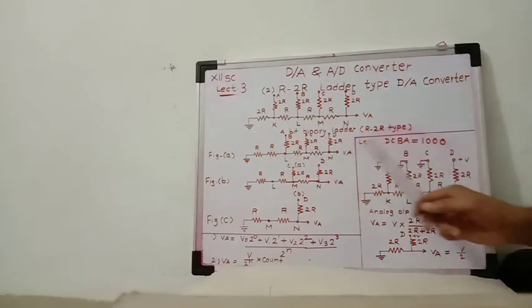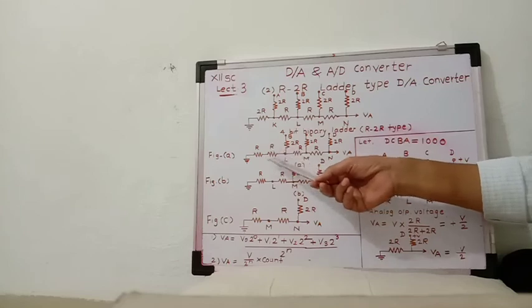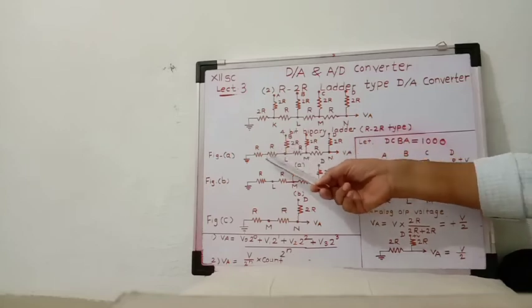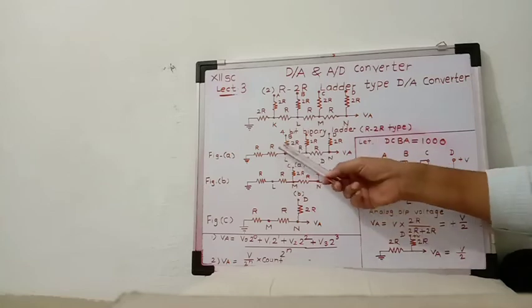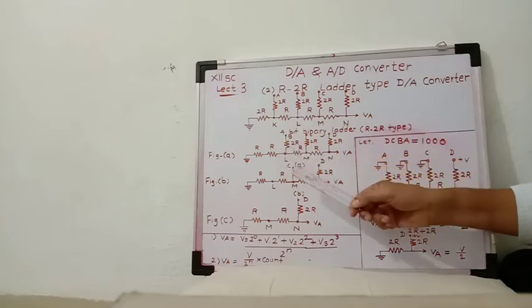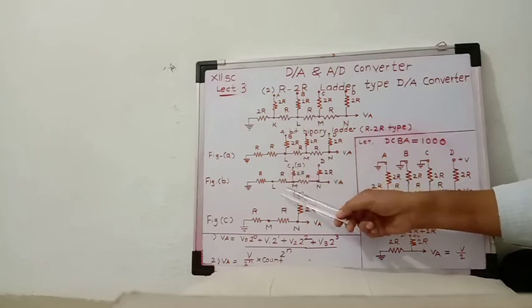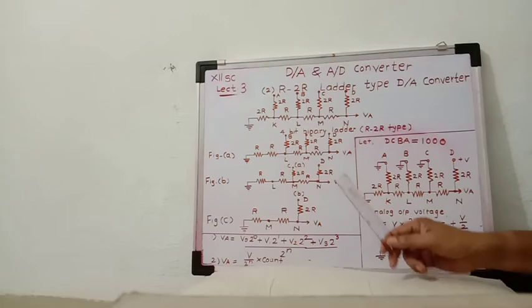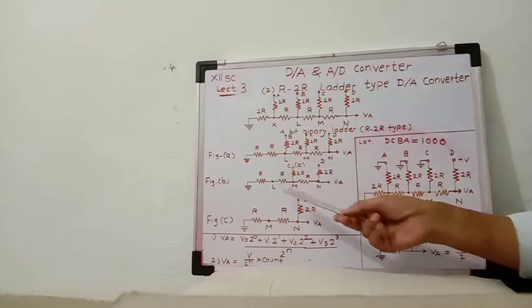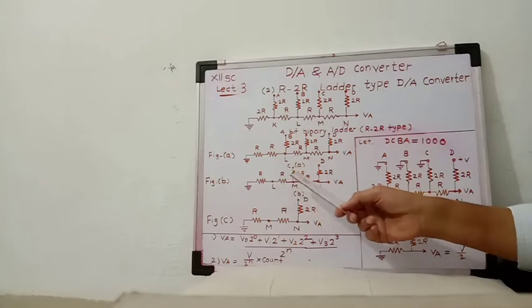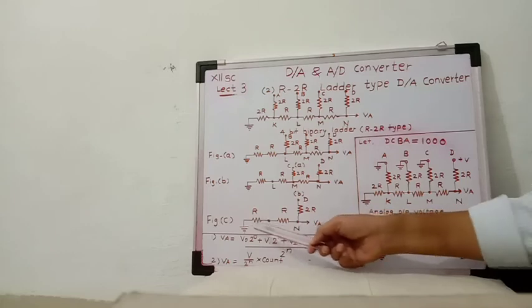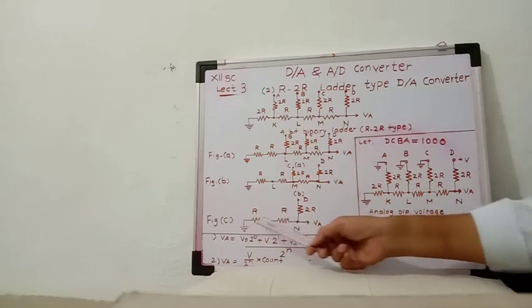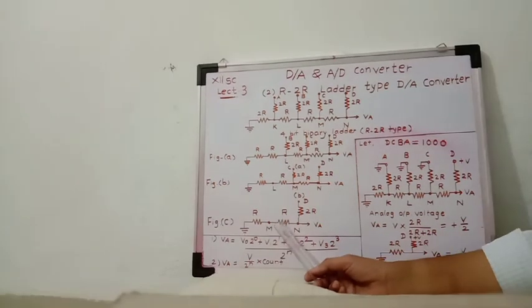Therefore 2R in parallel with 2R becomes R. Again this R comes in series with R, so R plus R is 2R. Again this 2R in parallel with 2R gives an effective resistance of R. Again this R comes in series with R, so it is 2R.